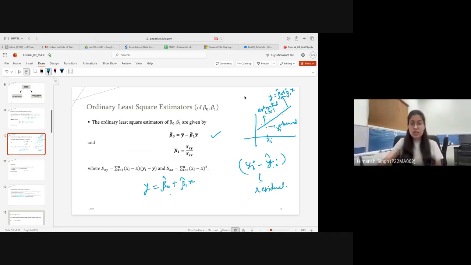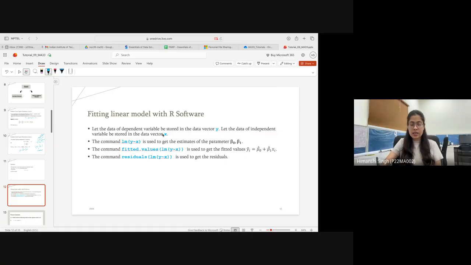If I want to find the fitted values, which are lying on this line, I can find them in R using the command fitted.values(lm(y ~ x)). This gives the fitted value yi hat equals beta naught hat plus beta 1 hat xi, for all the xi's we have given.